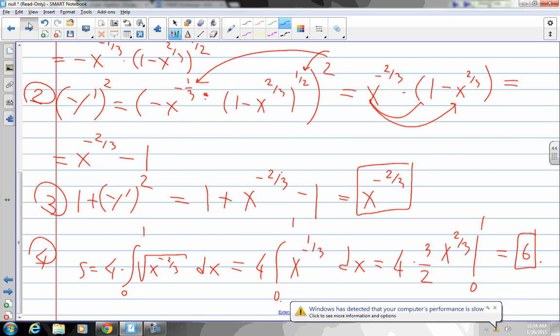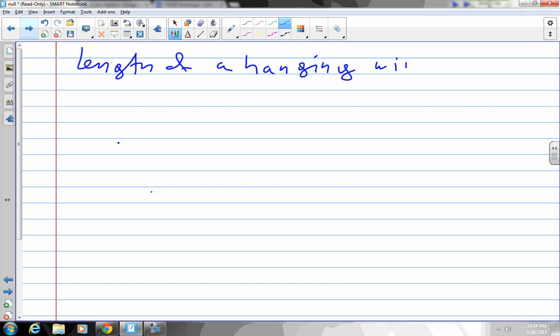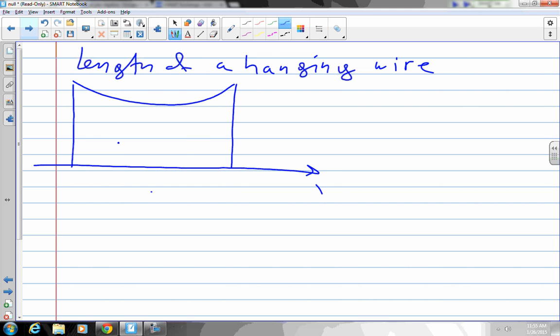So length of a hanging wire. So let's say we have 2 poles, and then there's a wire hanging. So basically the way we do these problems, it's beneficial to put them on the x-axis with a symmetry. And we're just going to label that.